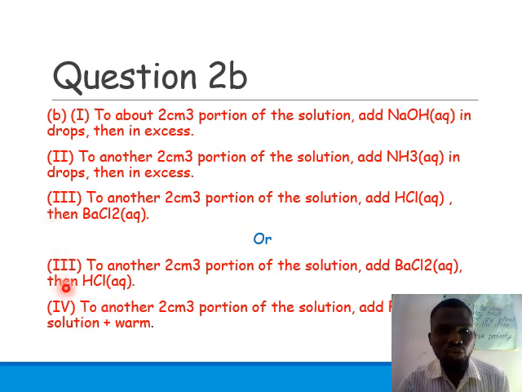Now, question 2B4: to another 2 cm³ portion of the solution, add Fehling's solution plus U1. So the questions might come out this way or any other way. Let's go to the next slide and talk about the answers.